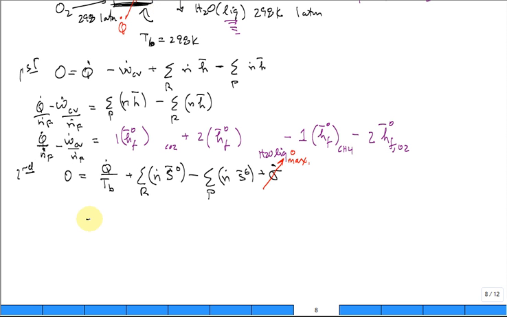So we're going to have the Q dot divided by N dot F divided by TB plus the sum of the coefficient times S bar naught.